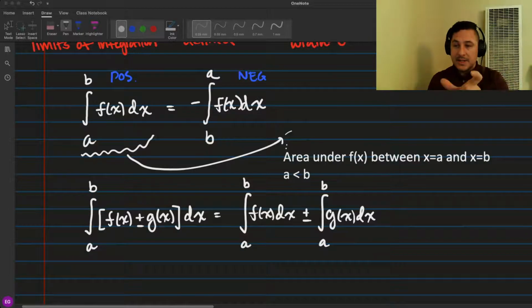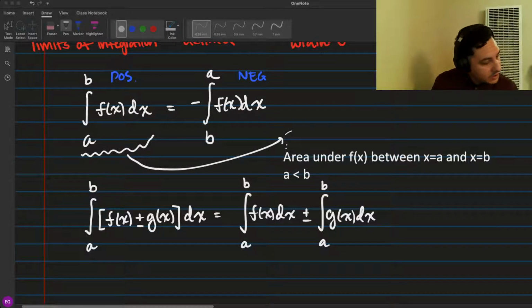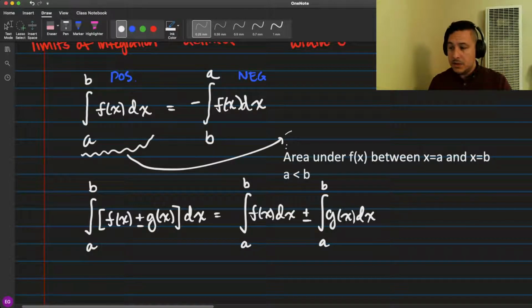Remember, the derivative of a sum is the sum of a derivative. Same thing for integrals. The integral of a sum is equal to the sum of the integrals. And let's talk about why that's true. We'll draw a picture.